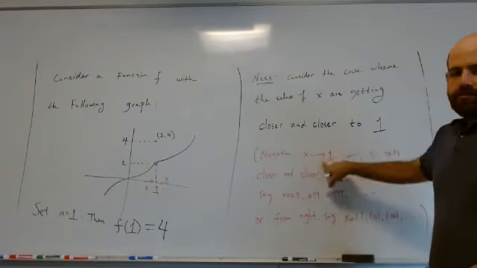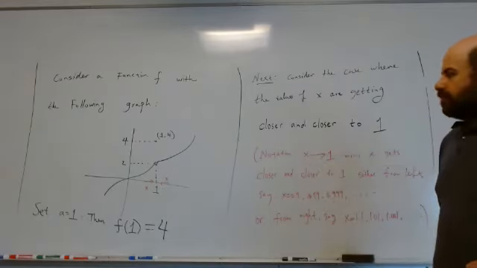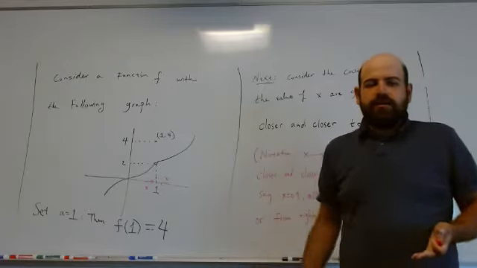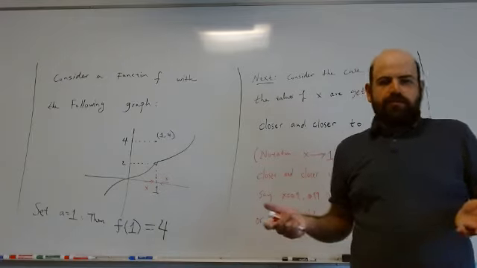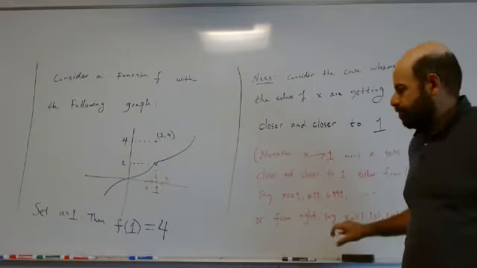This is the mathematical notation. You can read it as x approaches 1. And you want to know what happens to the outputs, what happens to the f of x values. Are they also getting closer and closer to some fixed point or no? As x gets closer and closer to 1, what happens to them?